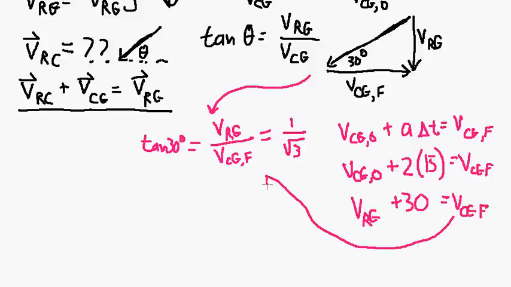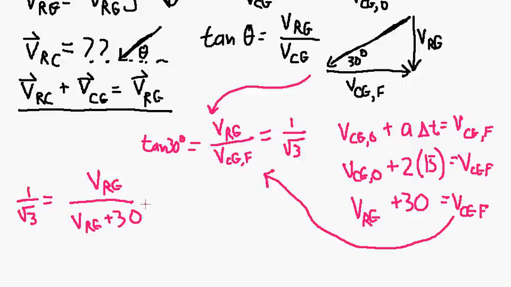And now we bring that over here and plug that in. 1 over square root of 3 equals VRG over VCG final, but that's actually VRG plus 30. Well, now we're playing with fire because this is one equation with just VRG in it. So now it's just algebra to solve this, right?